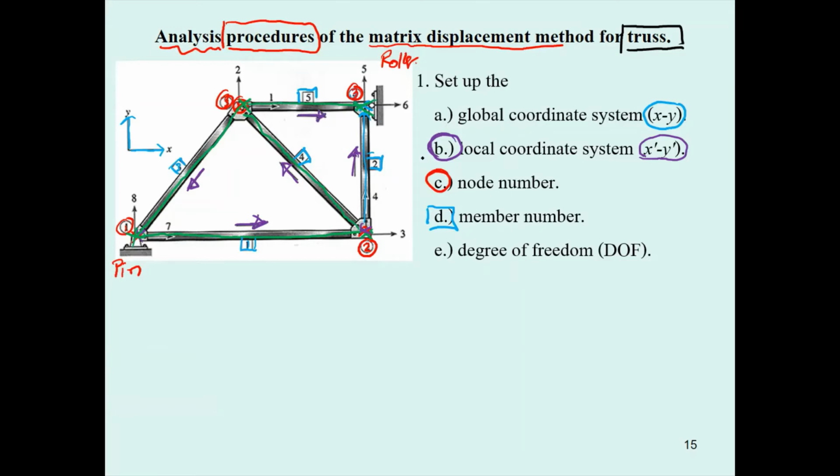So for the first one, you already know the global coordinate, the local coordinate, the node number, and the displacement number. All of that is specified by you and numbered by the computer. And then you also know the coordinate of this point.